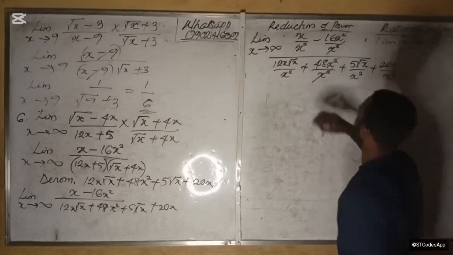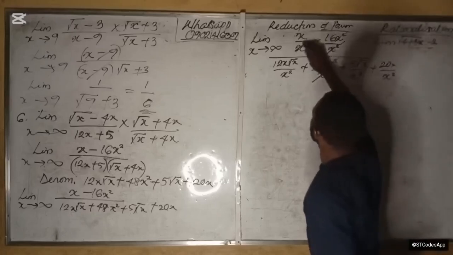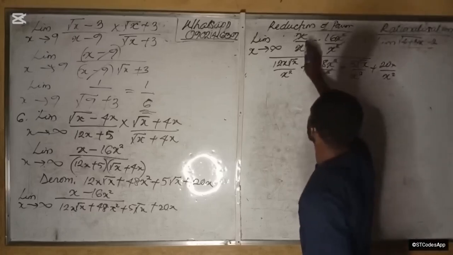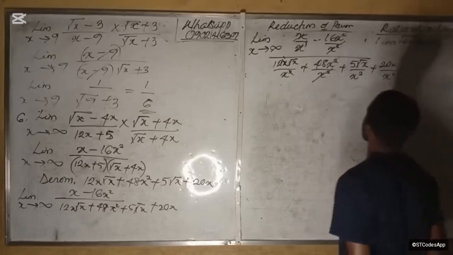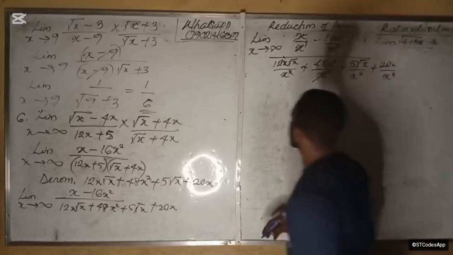This takes care of this, this takes care of this. Here we are going to be left with 1 under, then here it remains 1 under. Okay, so let's write what we have.